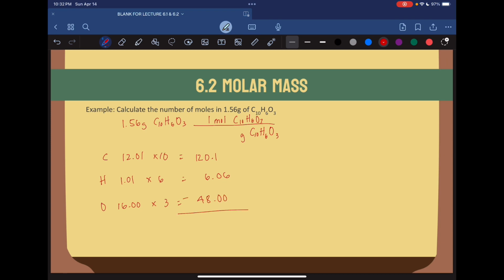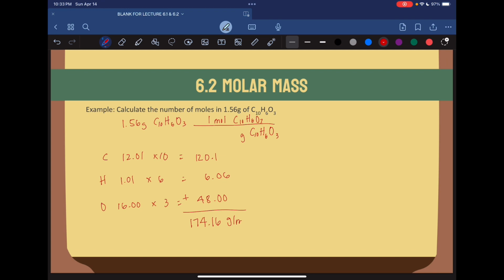I'm going to need to add these all up to get the molar mass. Oh, oops. I calculated wrong. Now, you are going to add up 120.1 plus 6.06 plus 48.